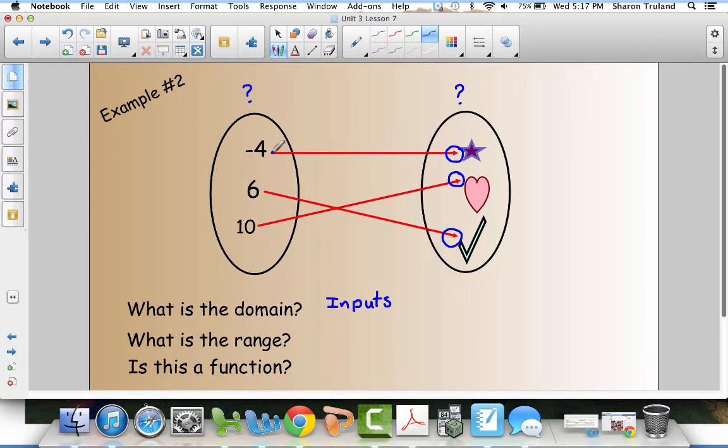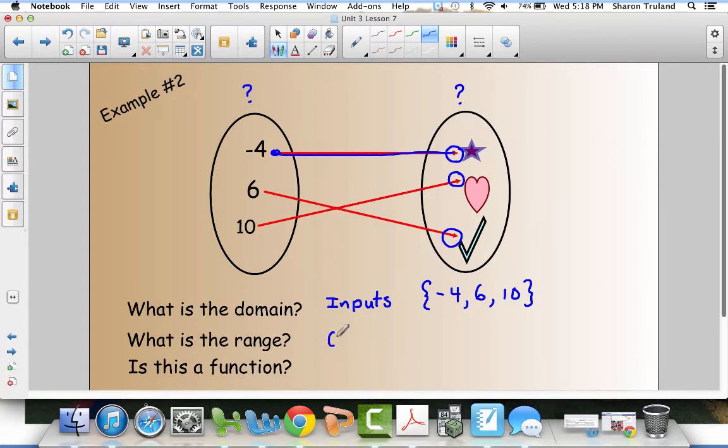So that means I must have started here and progressed that way. So my input, there's only 3. And this time we're going to use bracket notation because it's not a graph. I'm allowed to put -4, 6, and 10. Those are the only things that get put into this example.